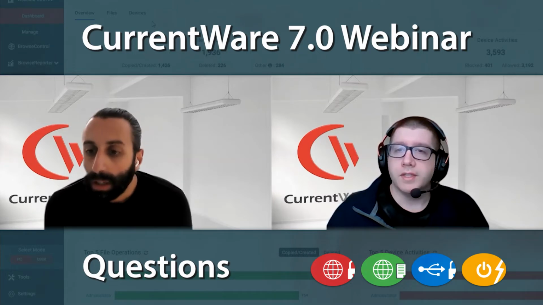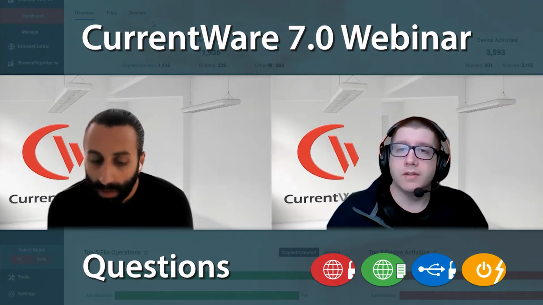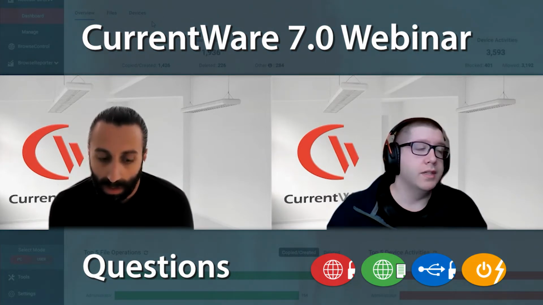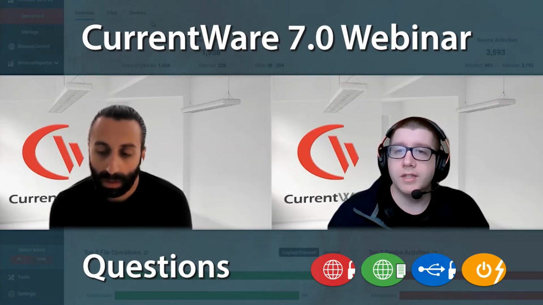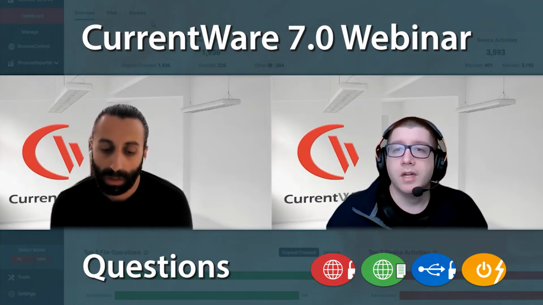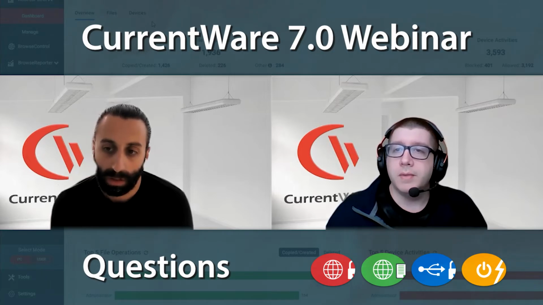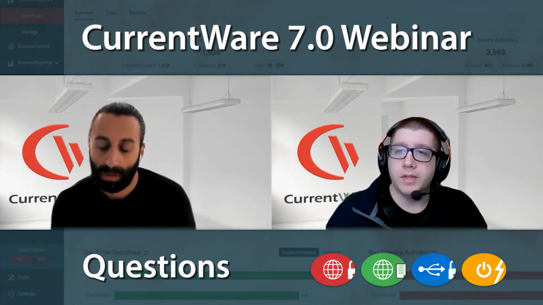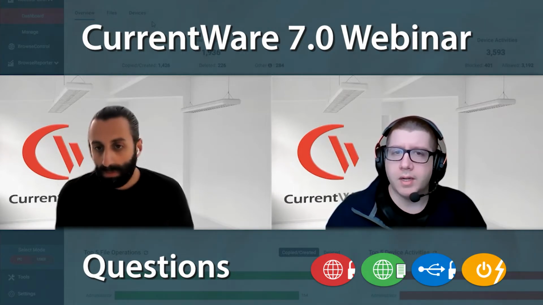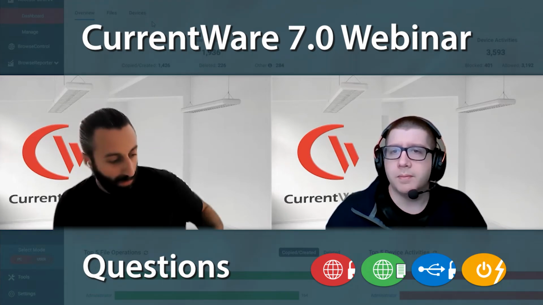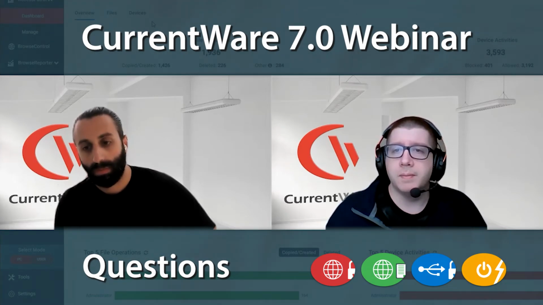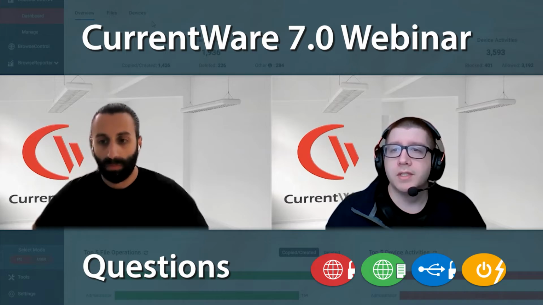Next one is another technical question here. We have, are alert emails requiring legacy authentication, like through SMTP? So with the email settings that we have currently within the web console setup, essentially you're setting up the email relay through SMTP emails.